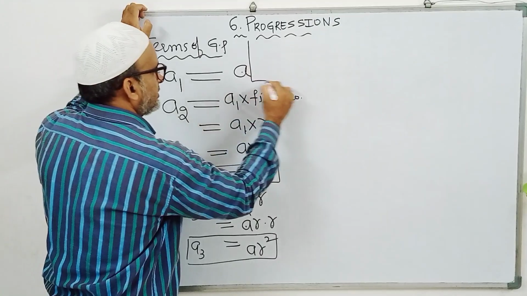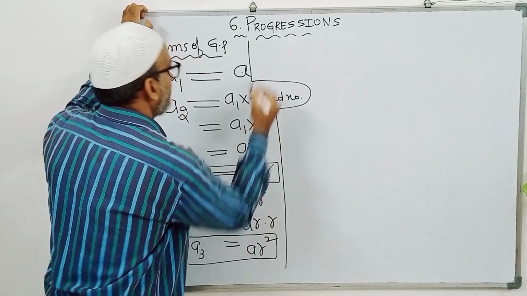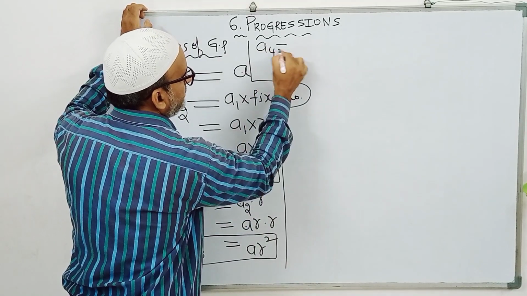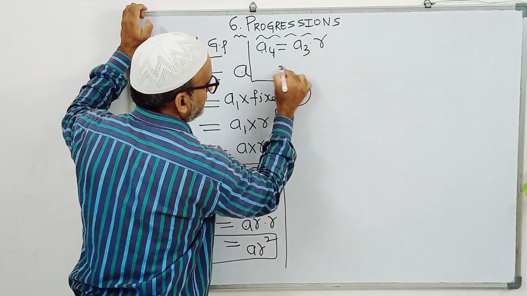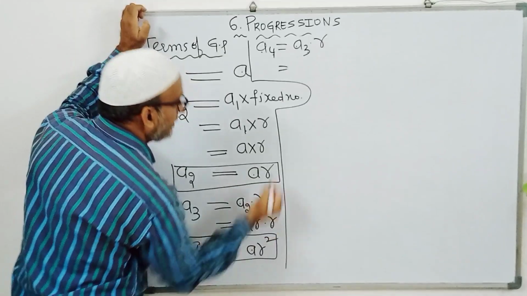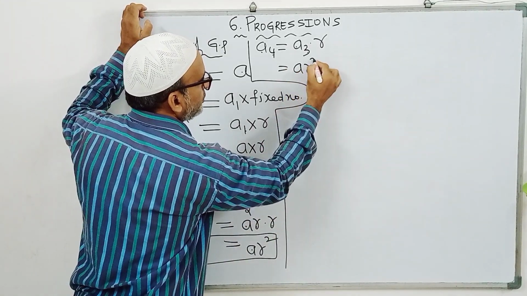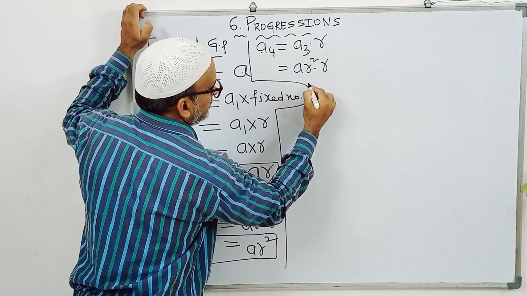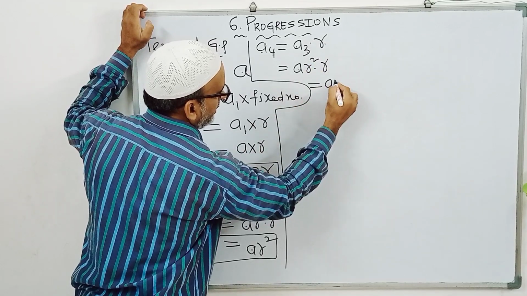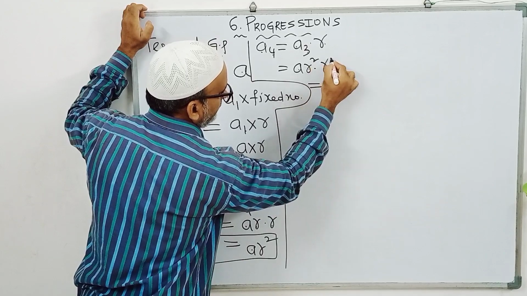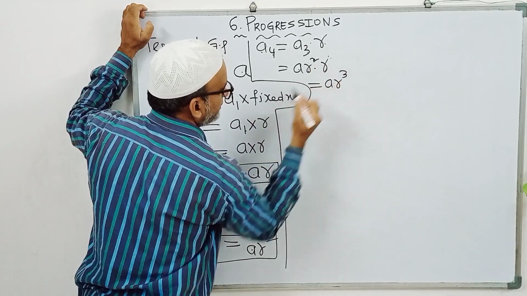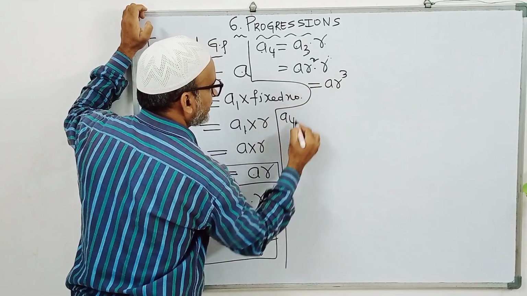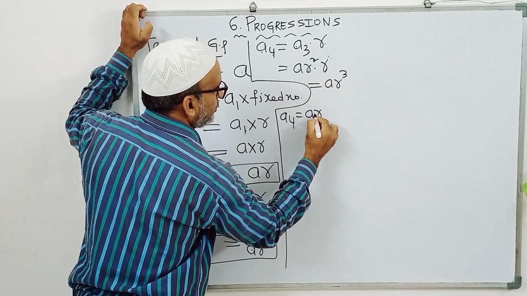Next is a4. Its previous a3 into the fixed number r. a3's answer is a r square into r. Bases are same, so 2 plus 1: a4 is equal to a into r cube.